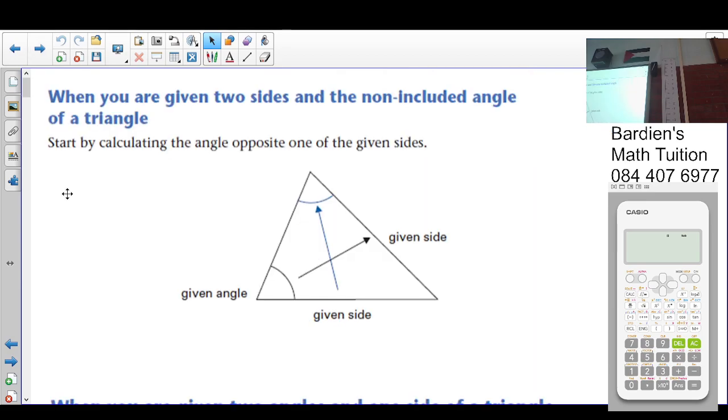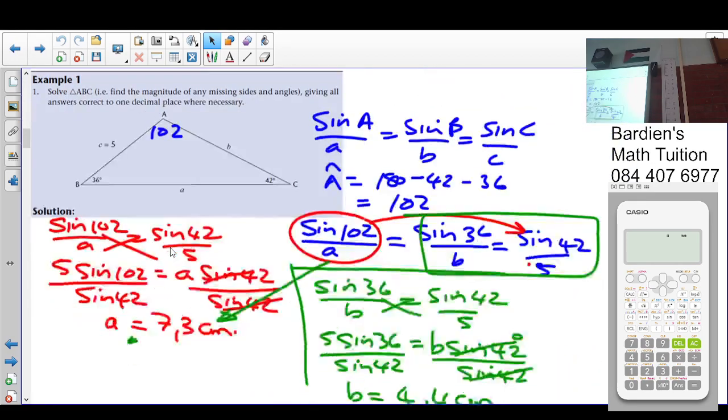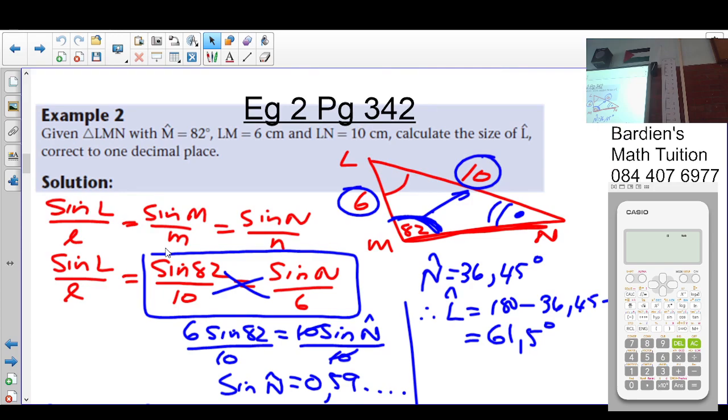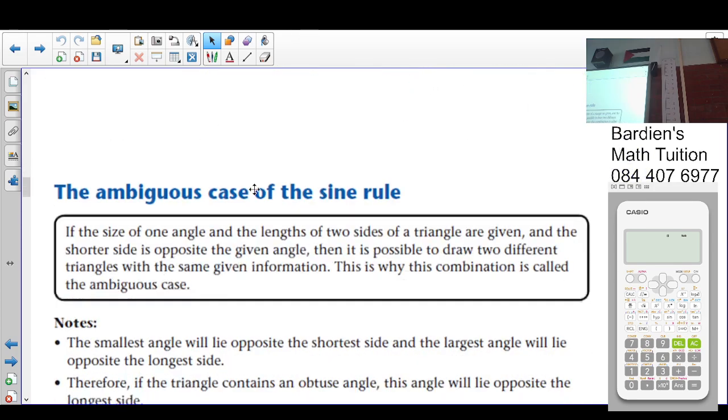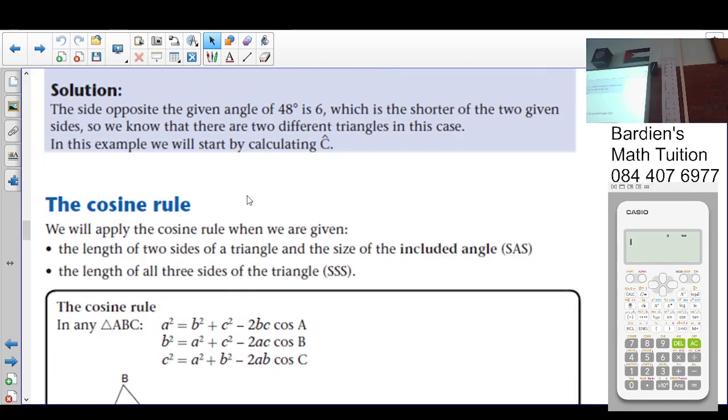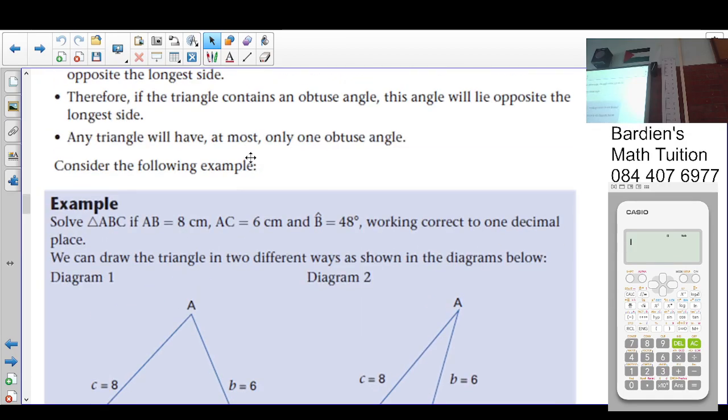So we're on exercise 10.4. Let's do the examples for it. We're not on the cosine rule yet.